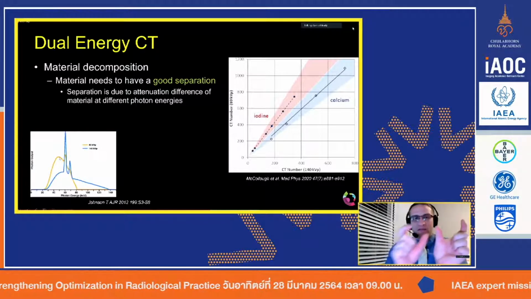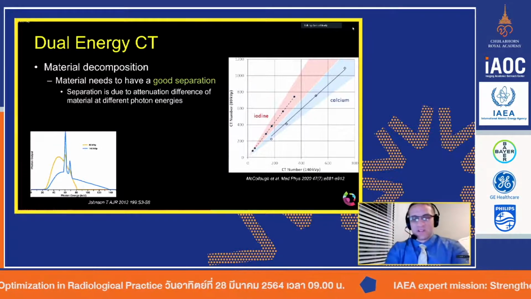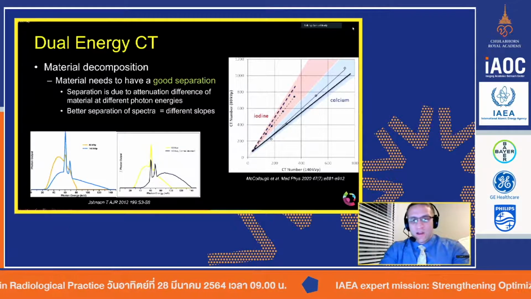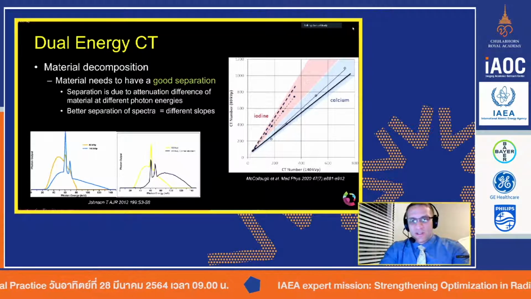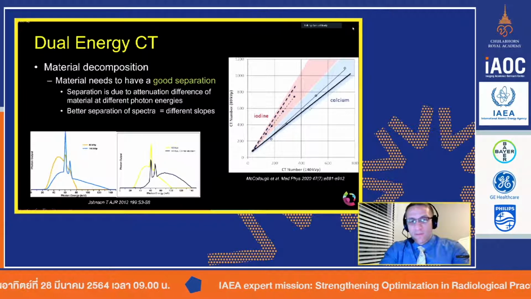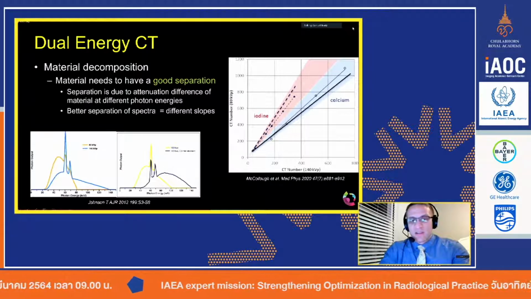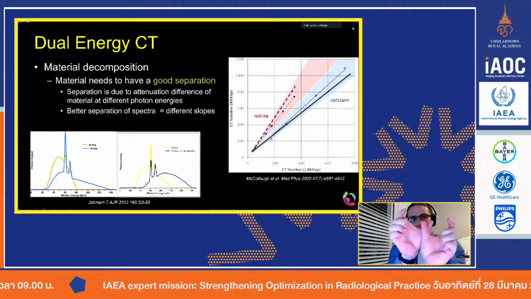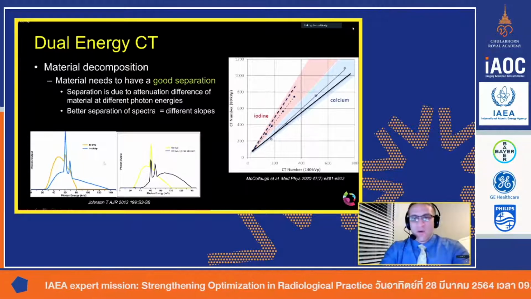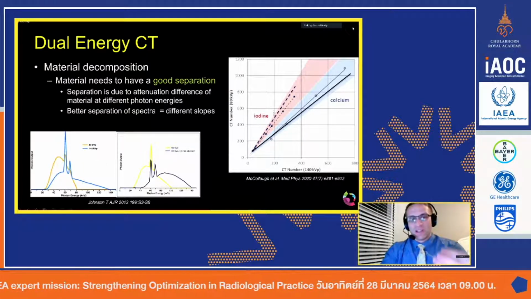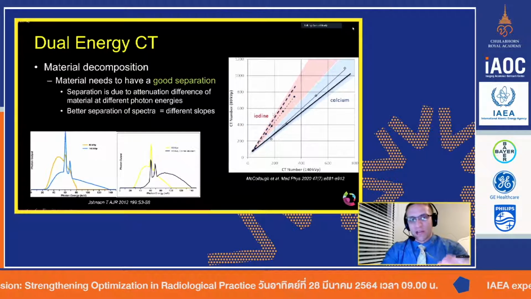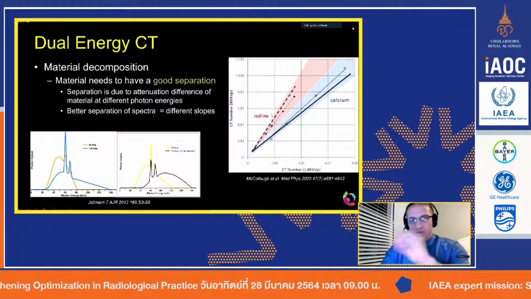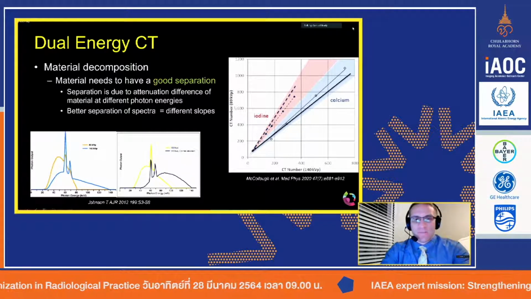The 80 kV is on one side and the 140 is on the other side. What that does is it shifts these curves farther away from each other. And so CT scanners that have a good way of separating these two curves will give us a much cleaner and more accurate calculation of what those different material types are in the body.